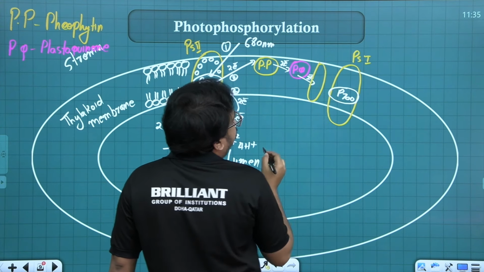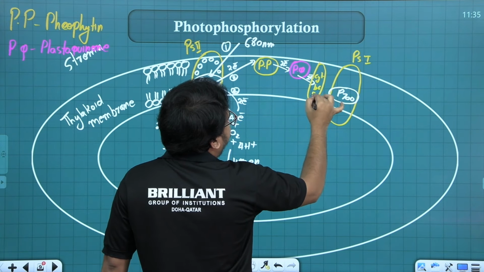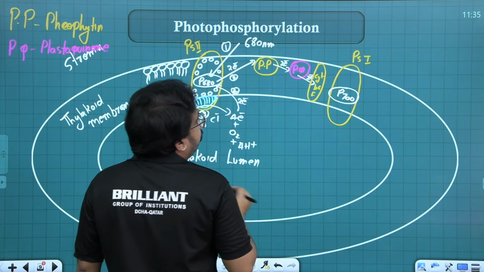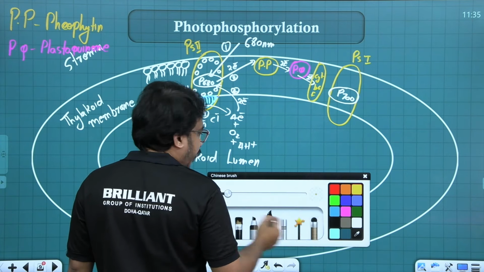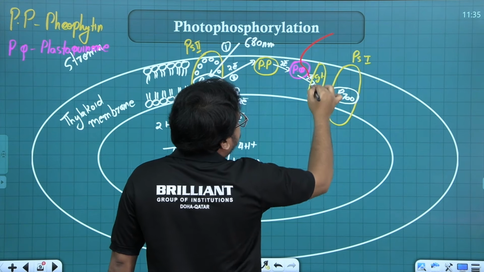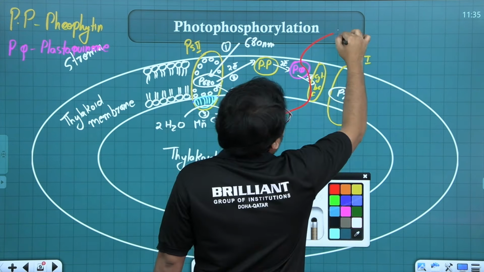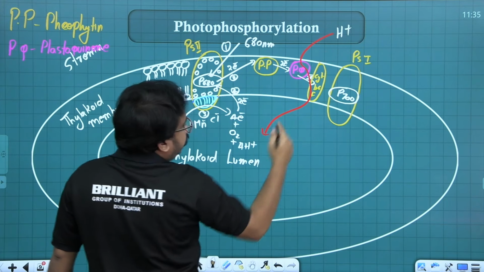The next electron carrier will be here, that is cytochrome B6F. Like that, the next electron carrier will be coming. By the time, what they do is, they will be pushing H+ from stroma to lumen.